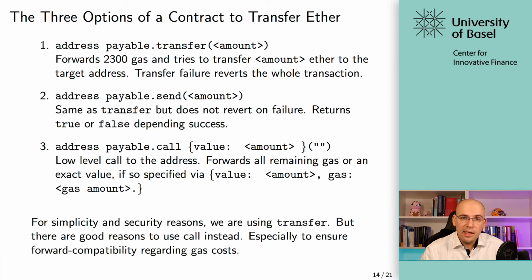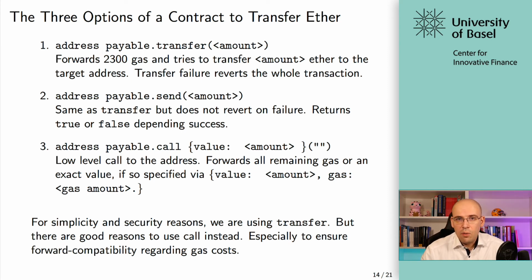Now, for simplicity and security reasons, we are using transfer. So we're going with the first option right here. But this also means that you're basically just sending the Ether, and you cannot do anything else with it because it will run out of gas, right? I mean, you have just these 2,300 gas which are needed to send the ETH.